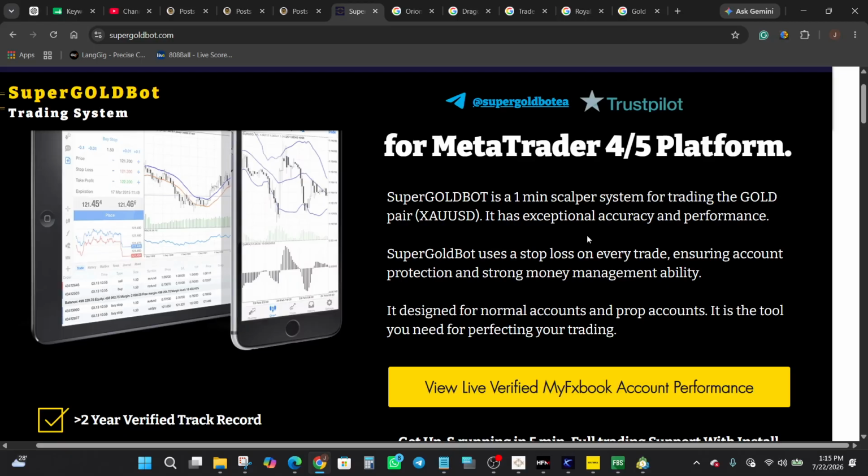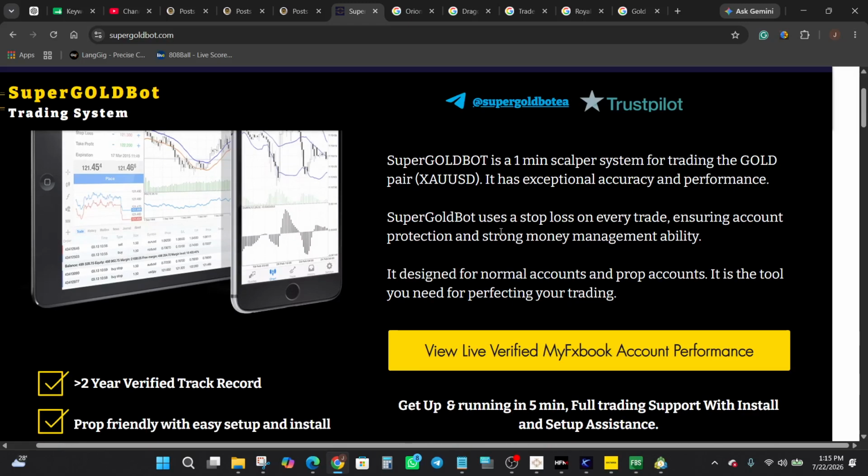Over the next few minutes, we are just going to walk through the official website details, examine its features and trading logic, and analyze a historical backtest report to see how it performed over a multi-year period.